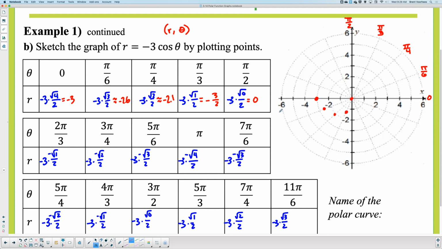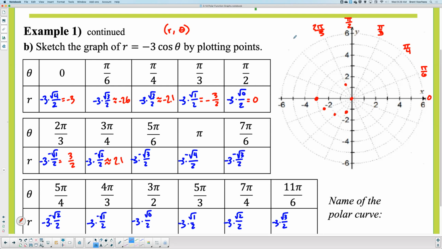So as I go around, what we're going to see is these values are going to mirror all the way around. This is going to be +3 over 2. So at 2 pi over 3, we actually go towards it because it's positive now. So I would go to 1.5, I'd place a dot, and you'll see that it's going to mirror all the way around. This is going to be positive 3 times square root of 2 over 2, which is approximately 2.1, that value we had.